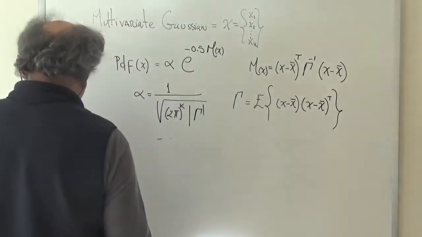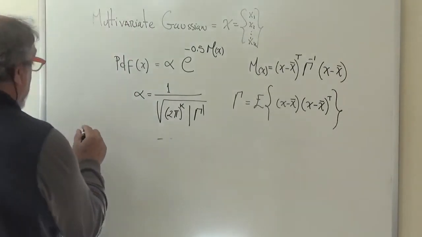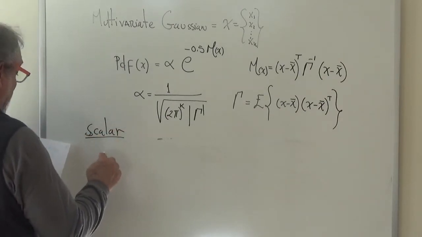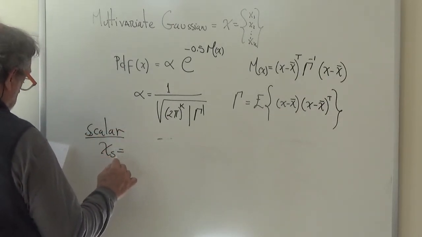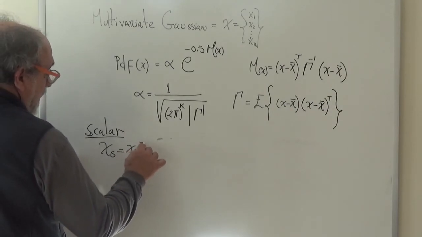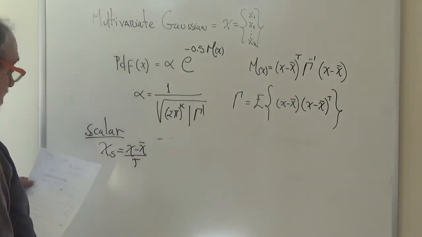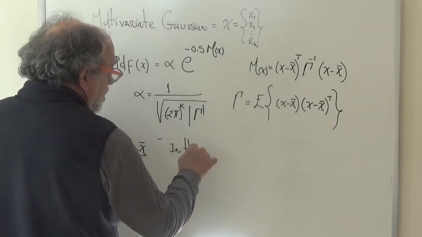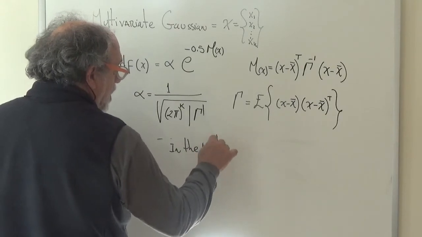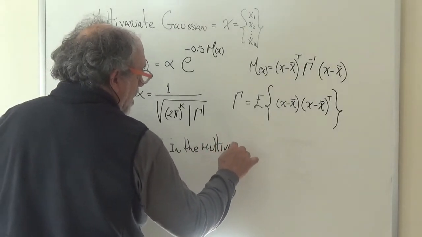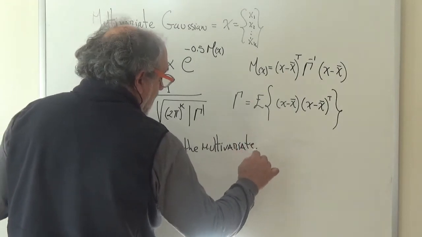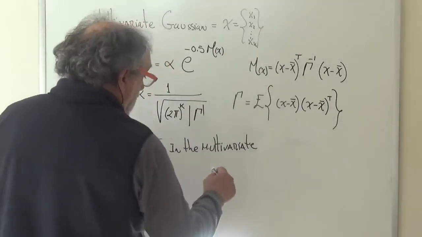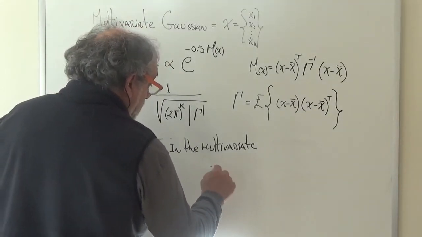In the scalar case, the standard variable was x minus the mean divided by the standard deviation, right? In the multivariate case, the standard thing is parallel. X now is a vector, right?